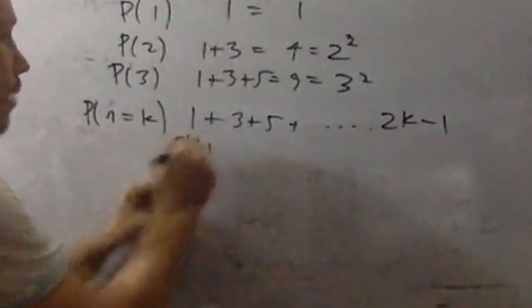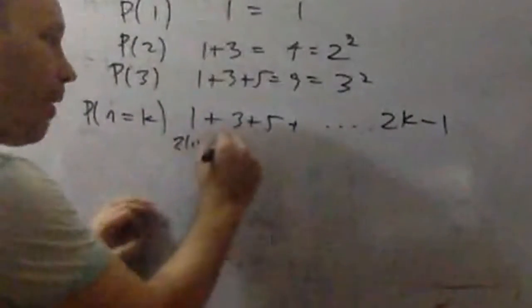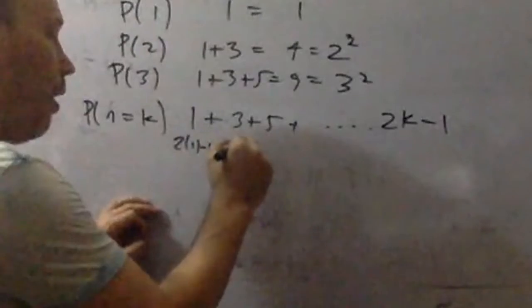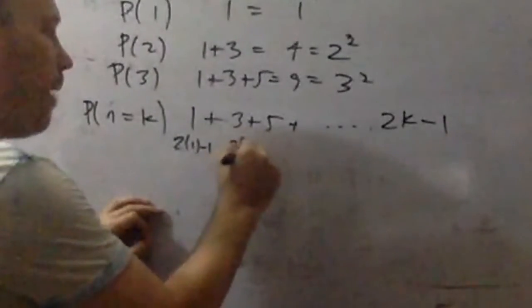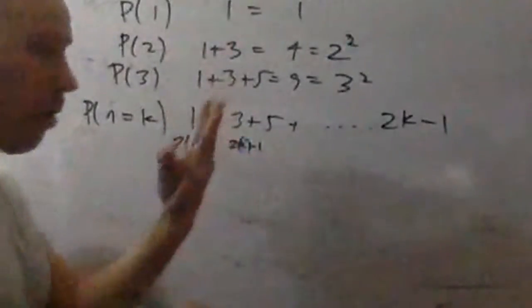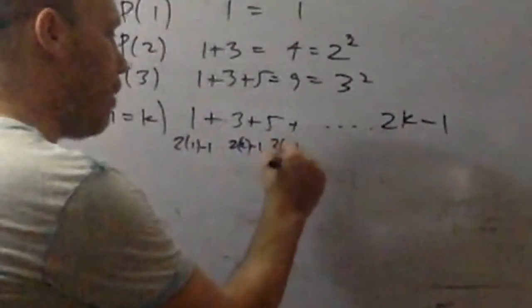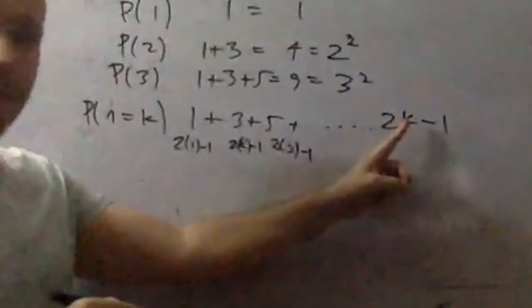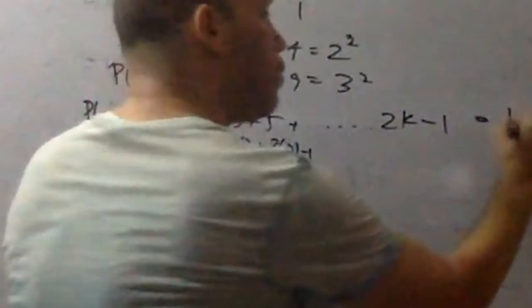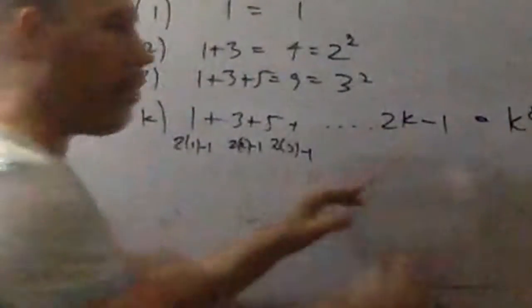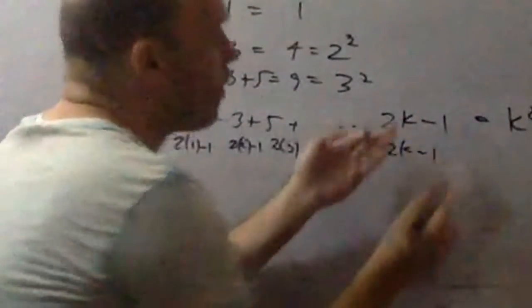Because the first one is 2 times 1 minus 1. The second term is 2 times 2 minus 1. The third term is 2 times 3 minus 1. So the kth term, we're saying this equals k squared.